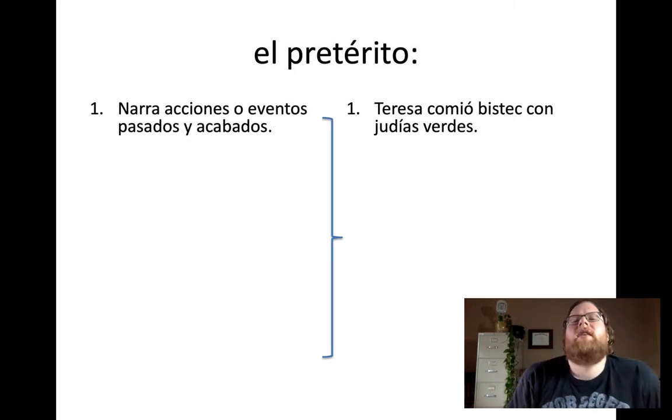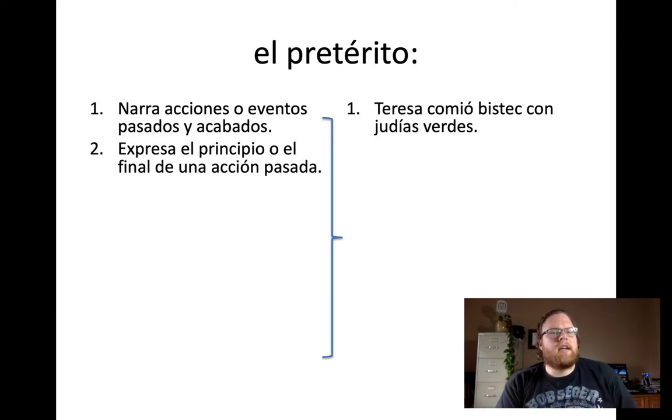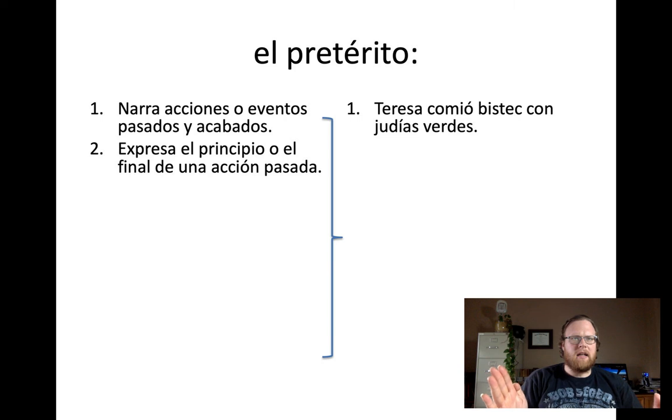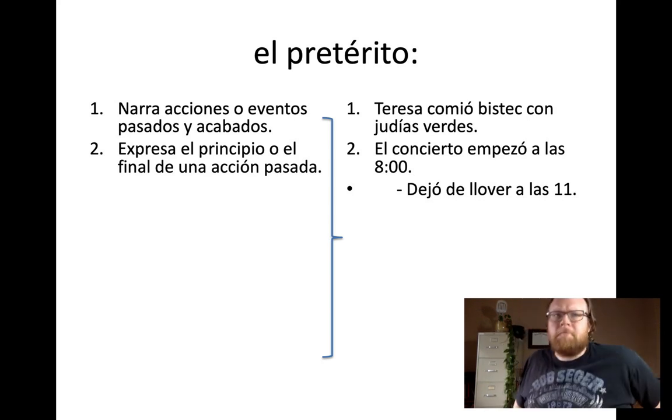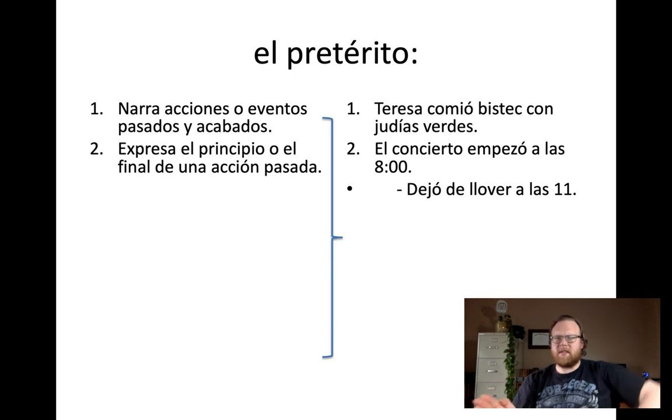Por ejemplo, Teresa comió bistec con judías verdes. Expresa el principio o el final de una acción en el pasado. Because remember again, preterit is typically more specific. Something starts, something stops at a specific moment in time.